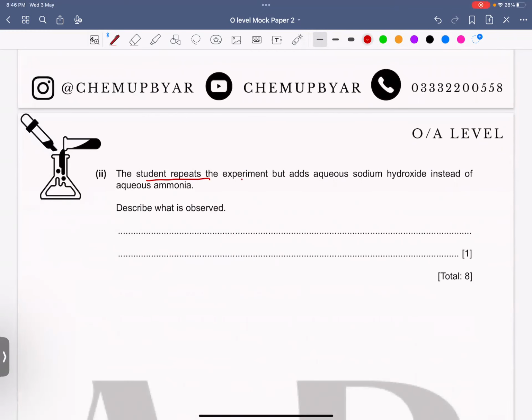The student repeats the experiment but adds aqueous sodium hydroxide instead of aqueous ammonia. Yes, but first you have to write that precipitates form which do not dissolve when excess sodium hydroxide is added.